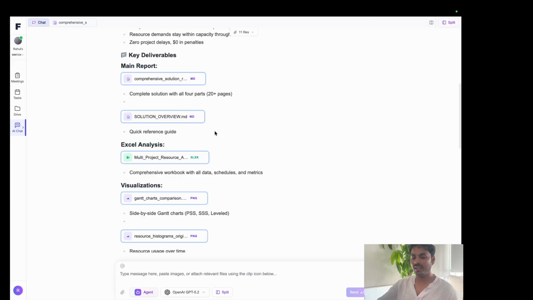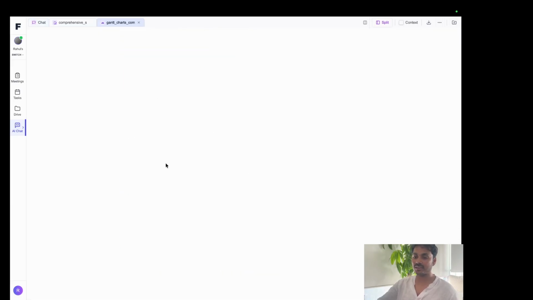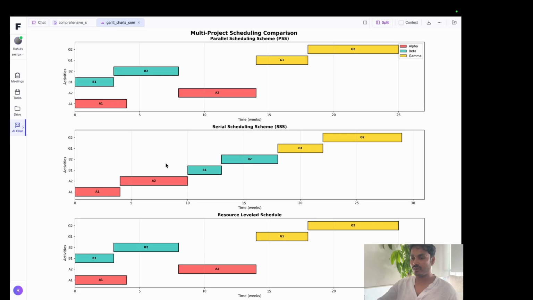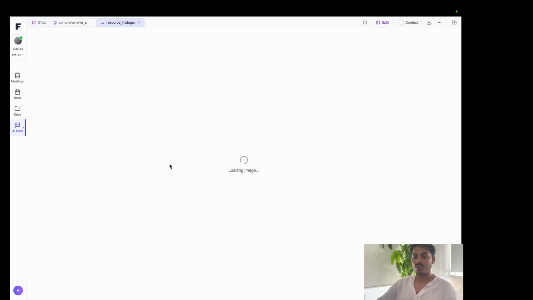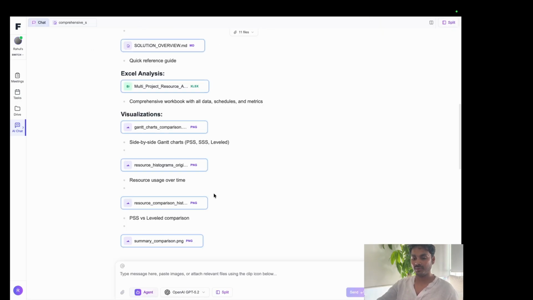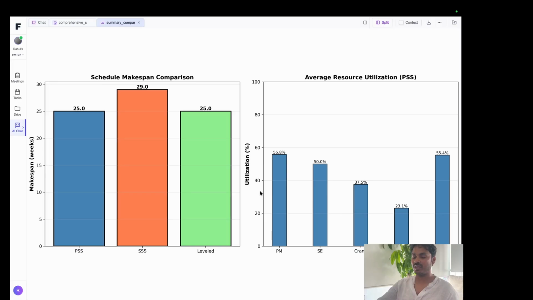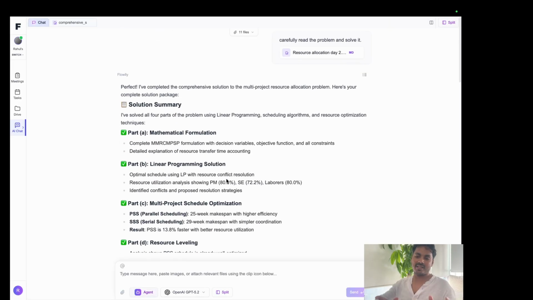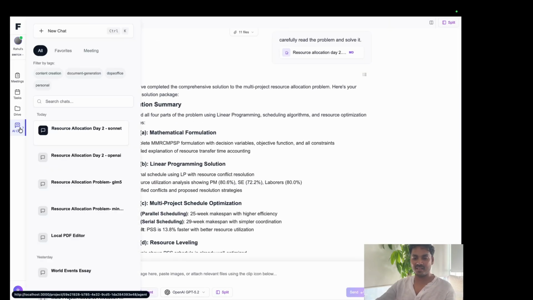Really good job there. It has also generated some Gantt charts for me to look at for parallel scheduling, serial scheduling, resource level scheduling, all those. Resource histogram. This model understood the assignment really well. And then a summary comparison. So of all the models, by far the best is Sonnet.